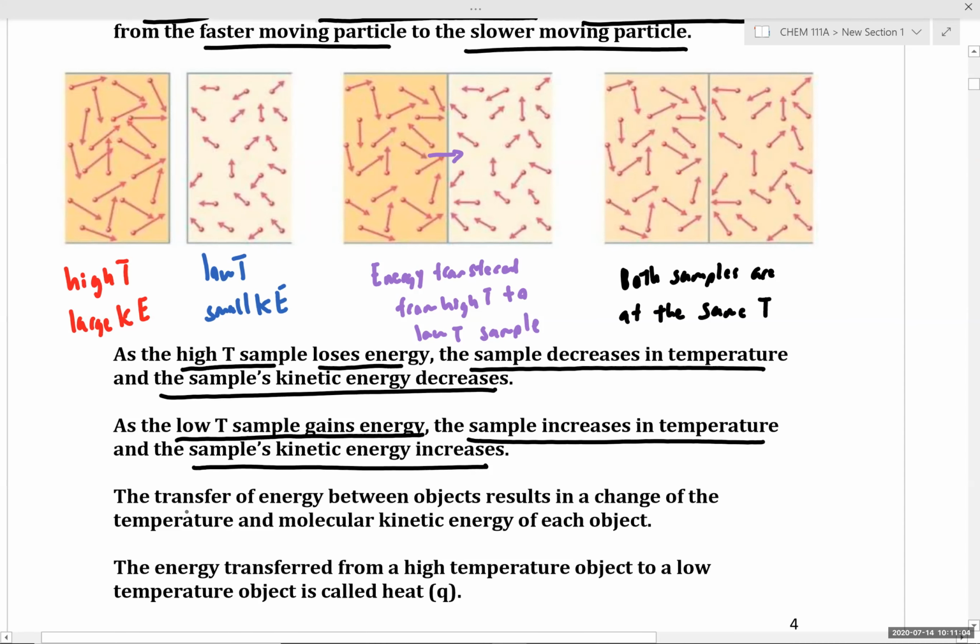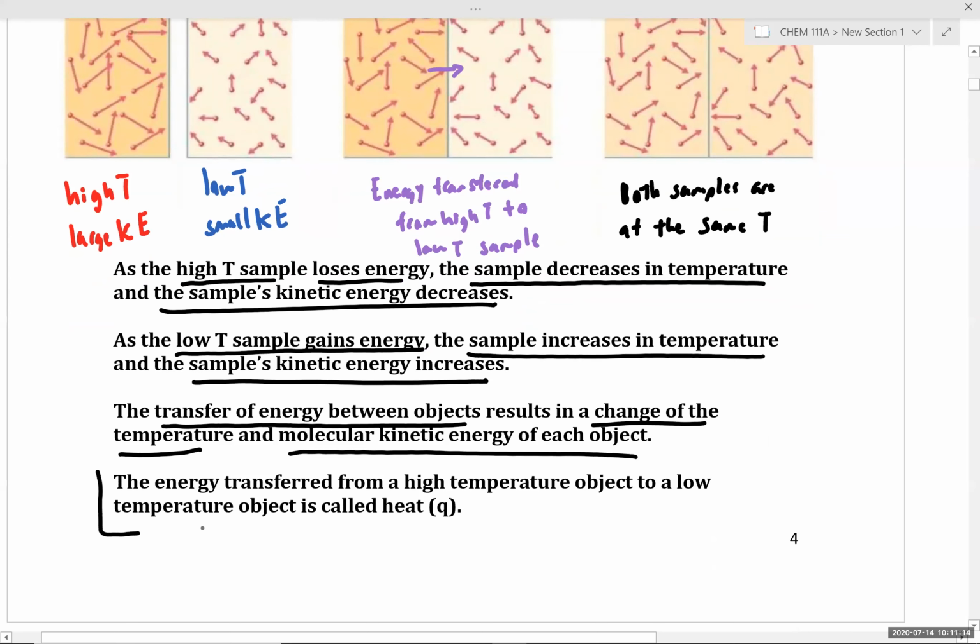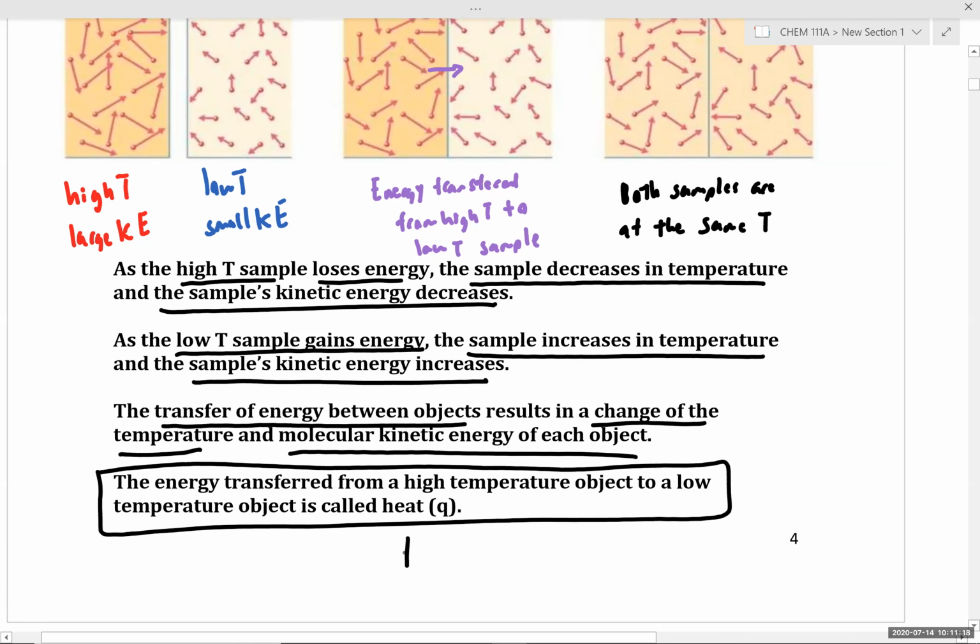The transfer of energy between objects results in the change in temperature and molecular kinetic energy of each object. And we call the energy transferred from a high temperature object to a low temperature object the heat or thermal energy transferred between objects. And we're going to be focusing in on this idea of heat throughout this chapter.